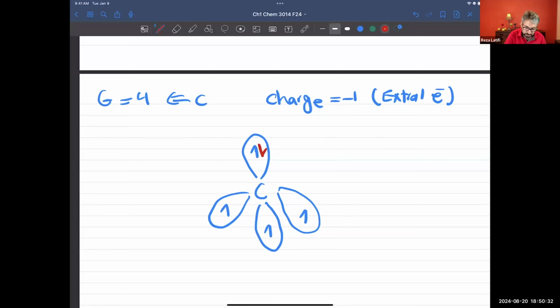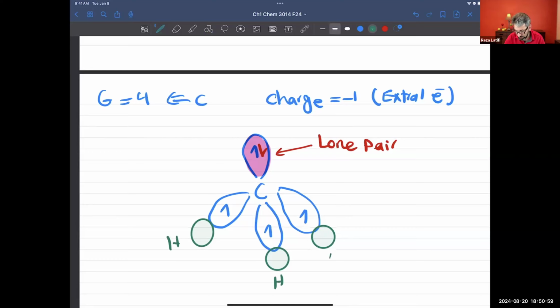I put it there. Now we're going to have an issue. And what's the issue? This orbital is full. And because it's full, we can't use it to make a sigma bond. So that's going to be a lone pair. And a hydrogen atom can reach carbon only through those 3 directions. And I get 3 sigma bonds.